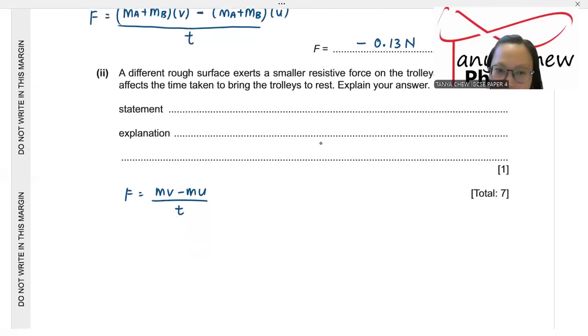So I will use these to explain. Could you see that when the force is smaller, the time taken will be longer?